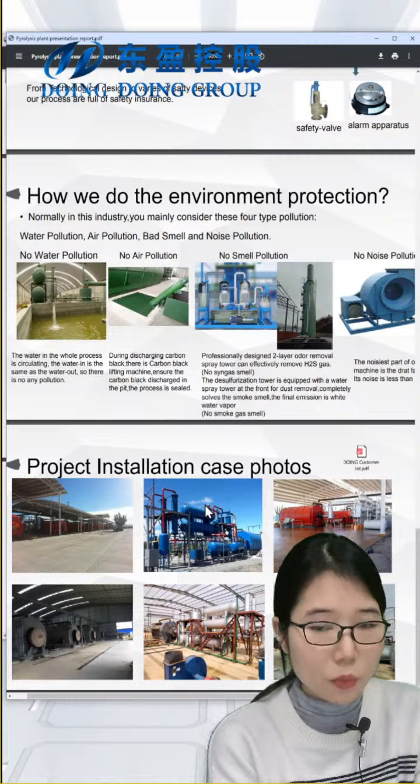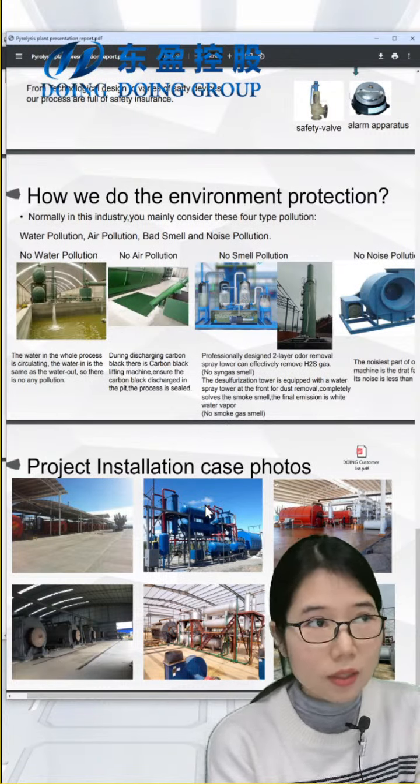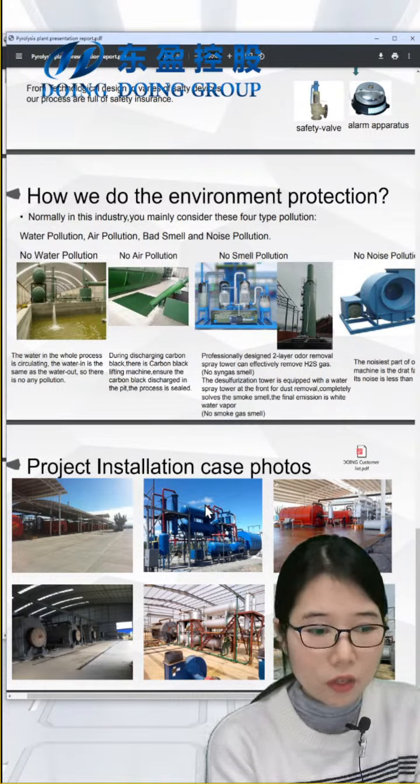We call it the syngas purification system. Just like what I said, we can get a certain part of the gas, which we call syngas.